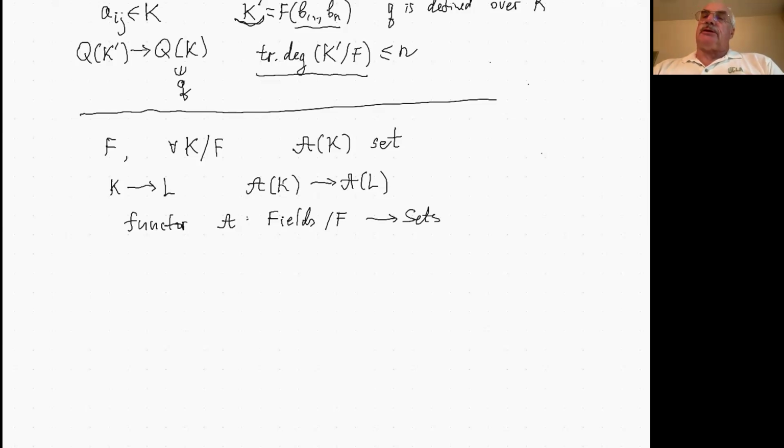Now, how to define the essential dimension of that class A, or the functor A?